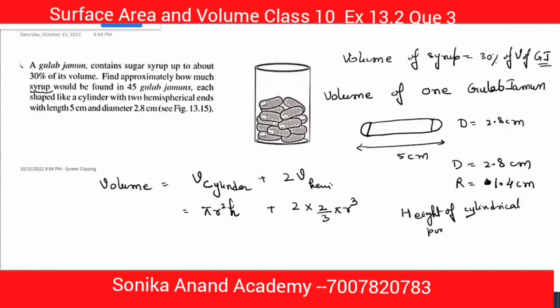Listen, if this is a hemisphere, it is 1.4. So, this is also 1.4, because the radius is the same. So, this is 1.4. So, that means height is equal to 5 minus 2 into 1.4.